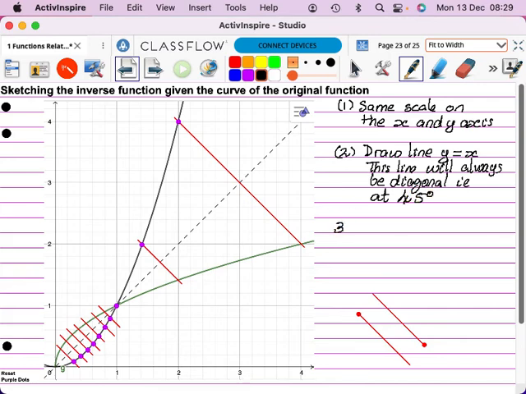Number three, draw red lines which are at right angles to the mirror line.